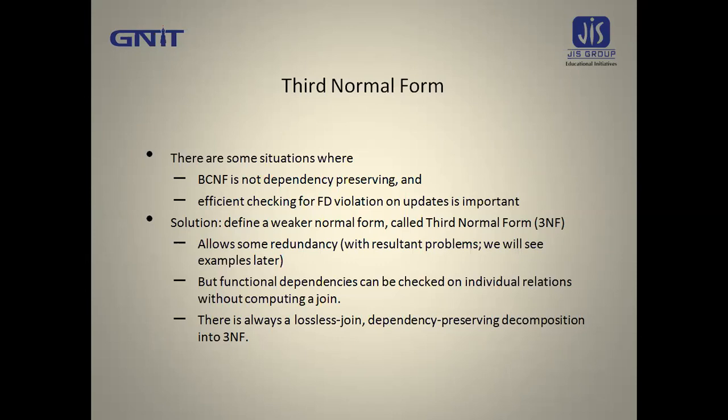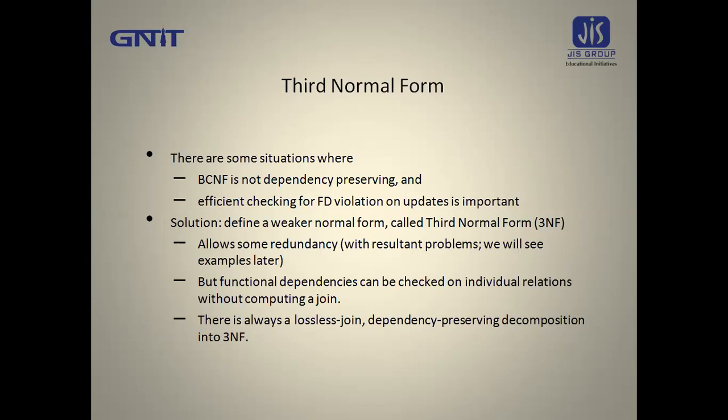Now to move on, we will test our dependency preservation algorithms on 3NF, third normal form. Because there are some situations where BCNF is not dependency preserving, and efficient checking for functional dependency violation on updates is important.